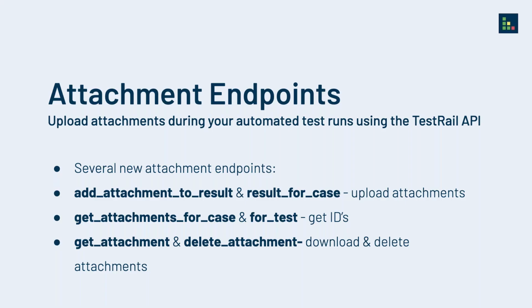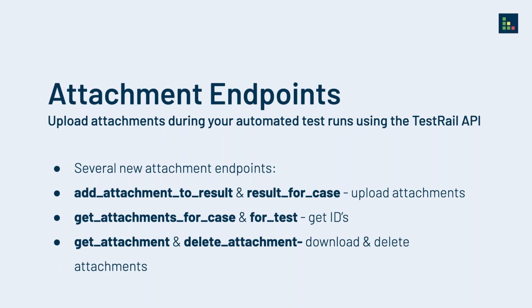In a similar vein, our TestRail 5.7 release included some attachment endpoints, the ability to upload and download attachments using new API endpoints, mainly with an eye towards automation teams who want to upload screenshots and reports, things like that, with their test results as part of their test automation approaches.